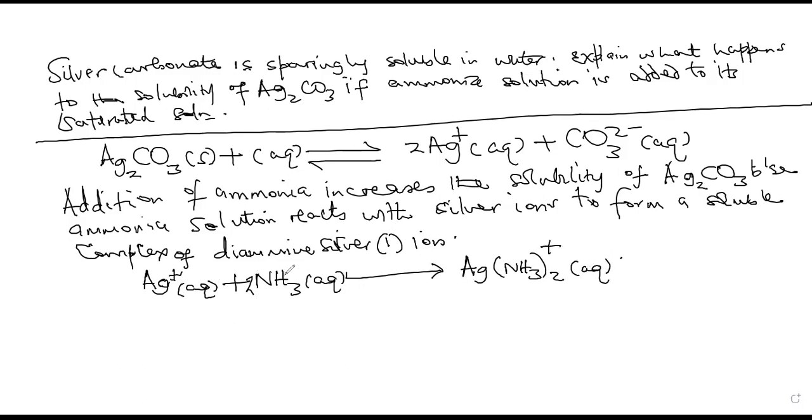Now, this complex formed lowers the concentration of silver ions. So the concentration of silver ions reduces, because silver ions have been used in formation of a complex.